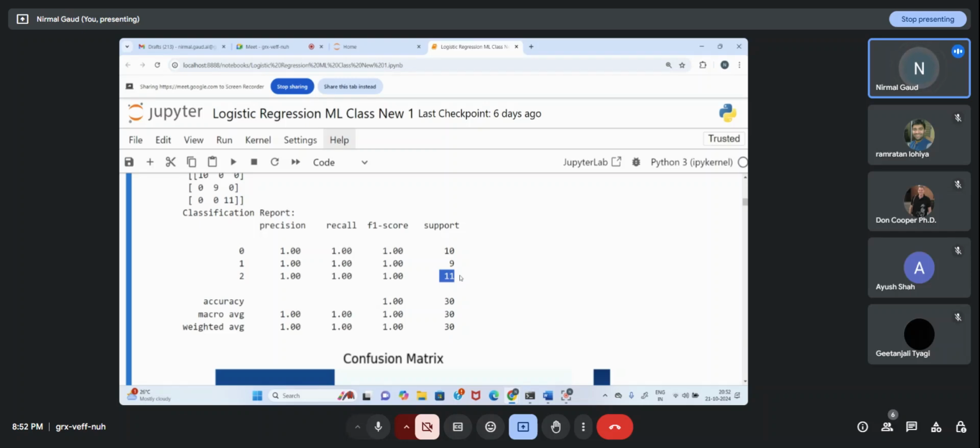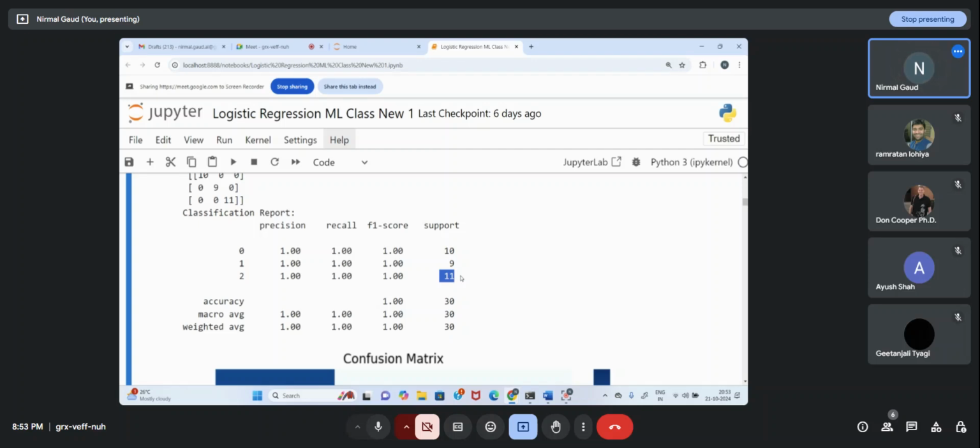Because the classification report we make is between the predicted and the test data. Okay, that is the support. Fine.